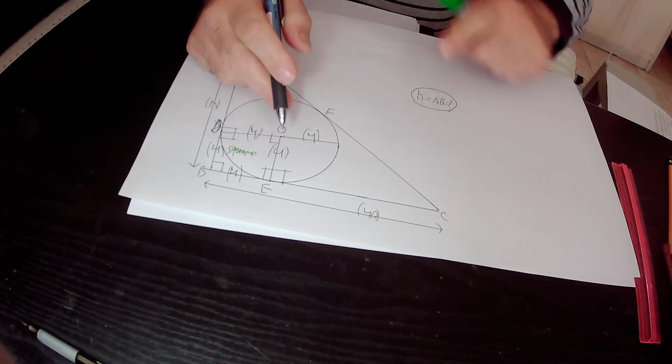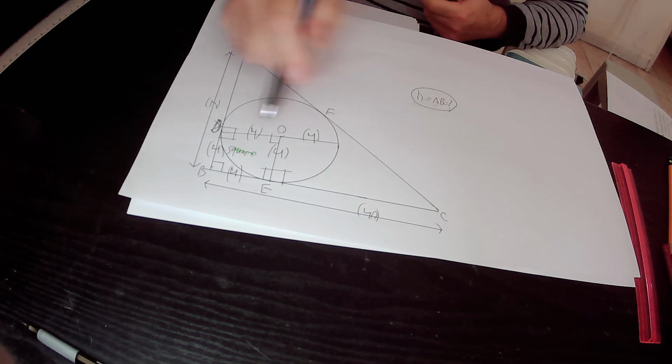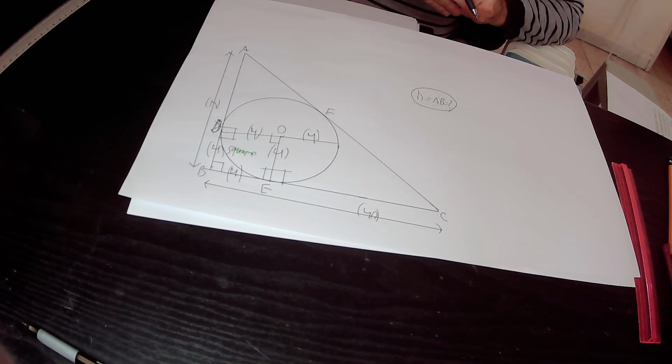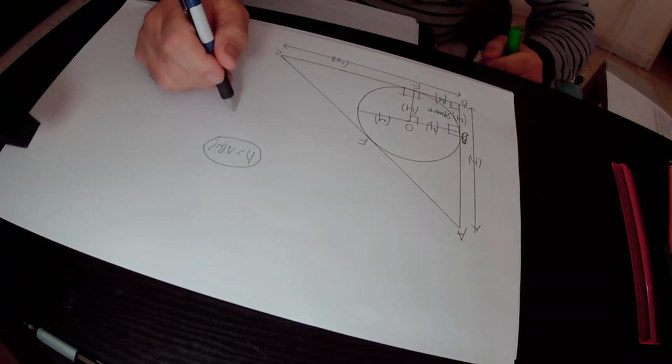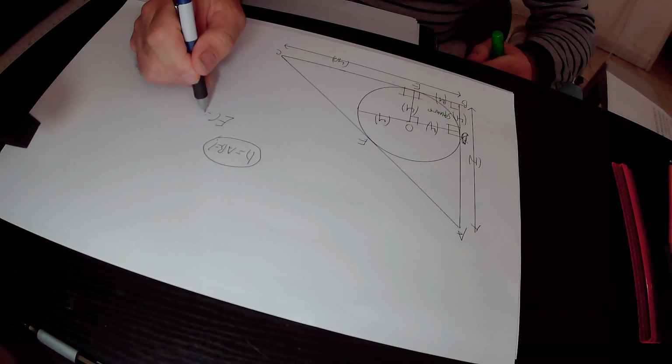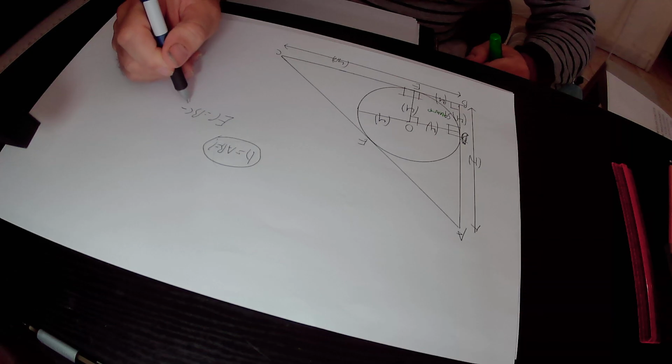From the drawing, it is very easy to see that EC in total equals BC minus BE. So write it down. EC equals BC minus BE.